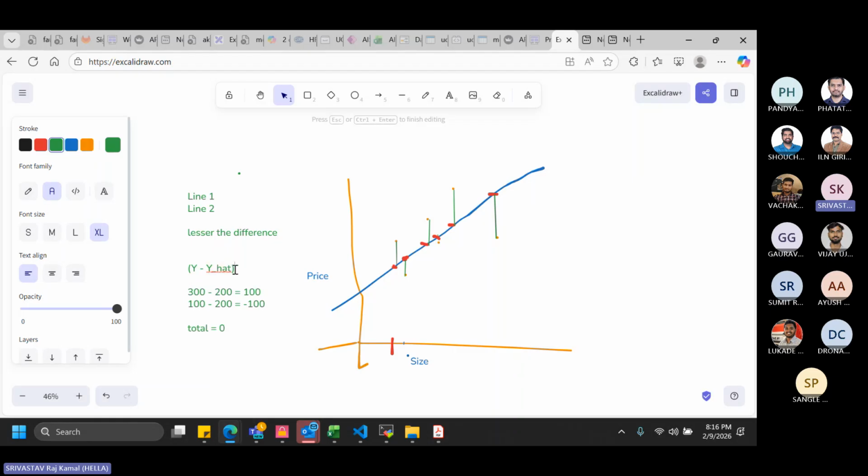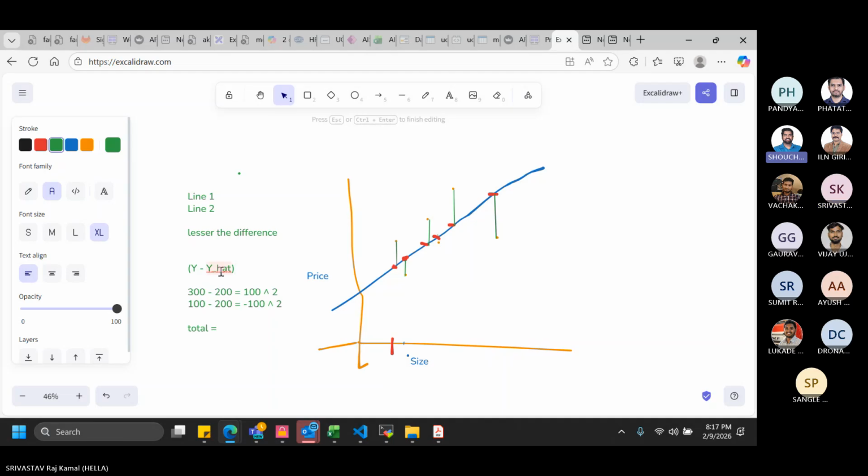Now do one thing, just for my function. What if I do it as a square? For example, this 100 becomes a square, this becomes a square. Eventually the negation is removed. So you would be getting errors in the form of squares, but they remove that bias of whether the actual is lesser than the predicted or the predicted is lesser than the actual.